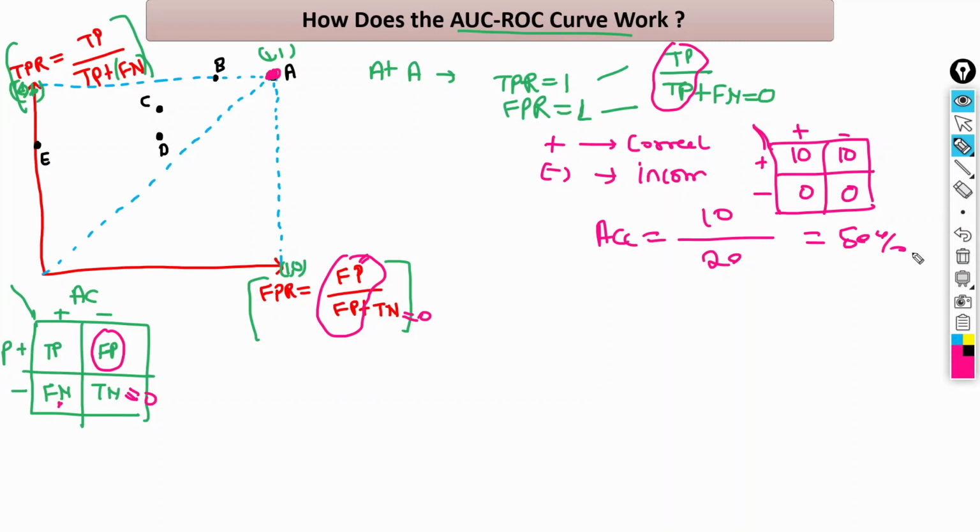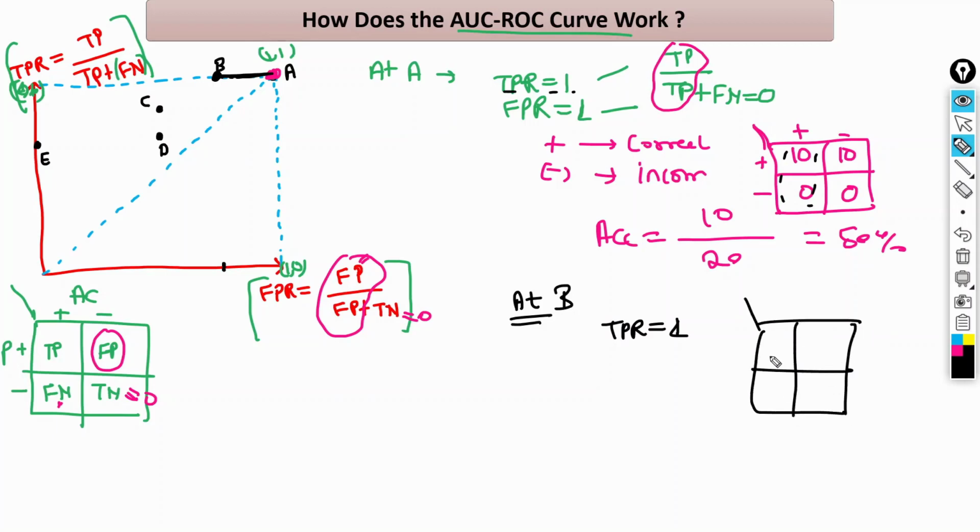Now again we will check at point B. If you see here, TPR will be the same. It means TPR will be 1, and FN will be 0.